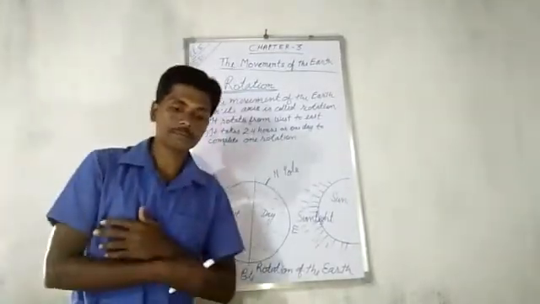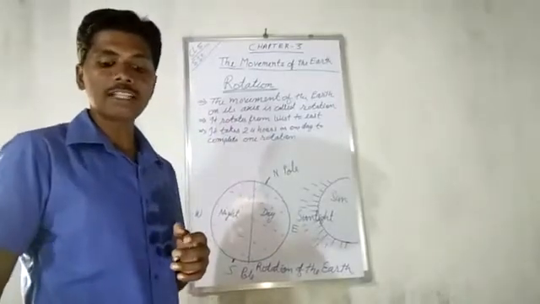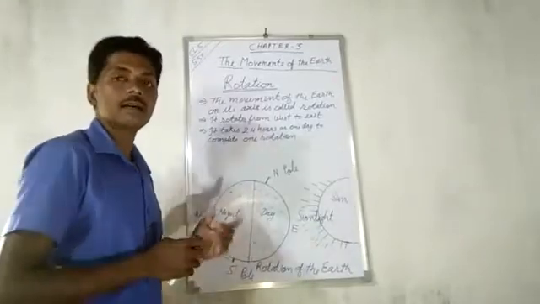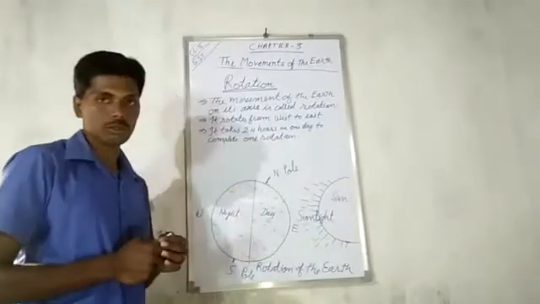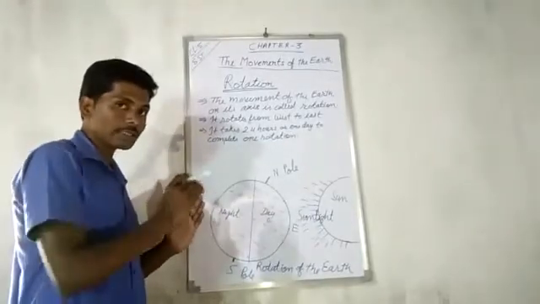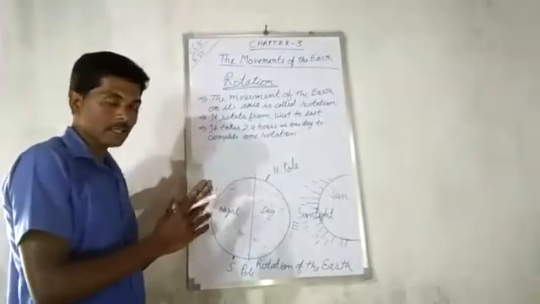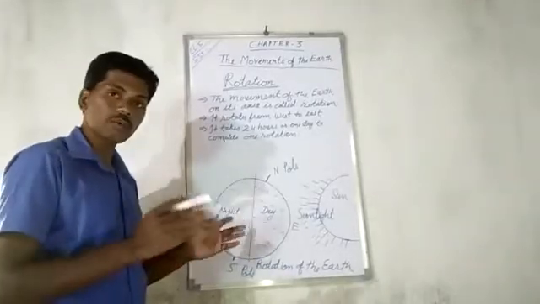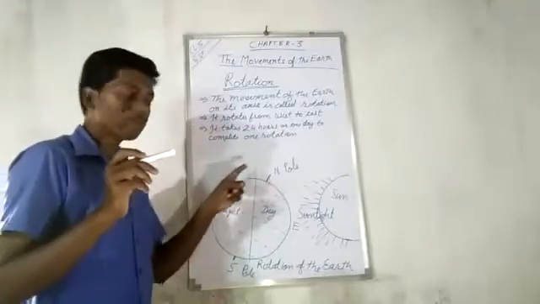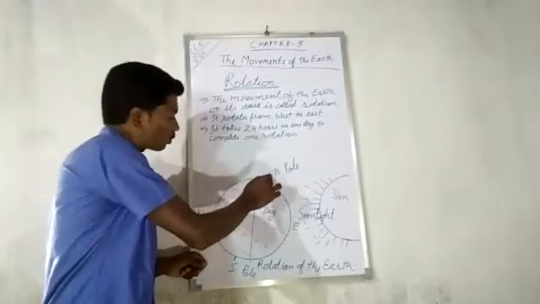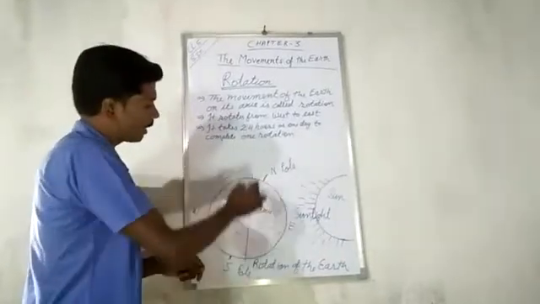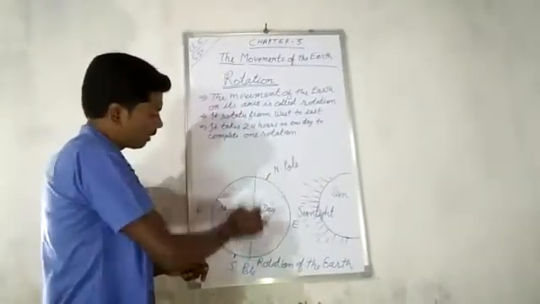Okay, the tilt of the earth is always in the direction of the poles. I have told you the axis of the earth is tilted. So the tilt of the earth is always in the pole direction, meaning north pole and south pole. If you keep the globe straight, then it will be like that.